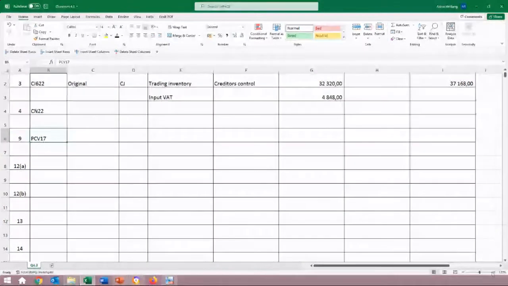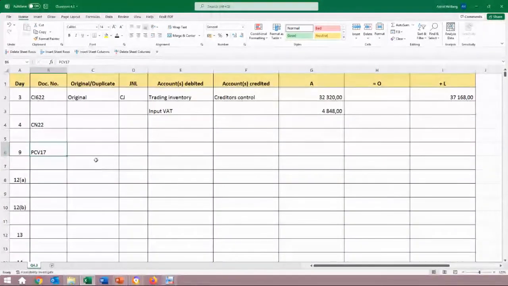Okay, Lino says original. Well, that's correct, because remember, you deal with your petty cash, so it would be the original document. Let me make that so that you can see it.